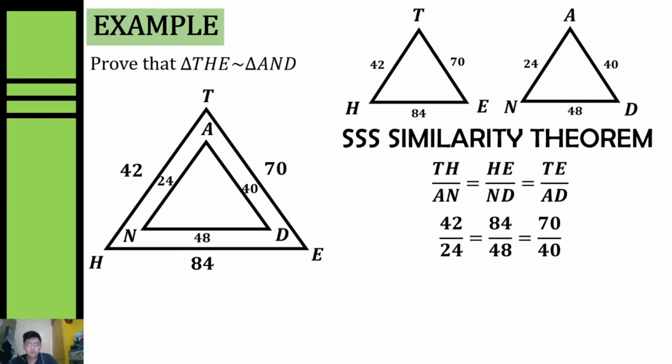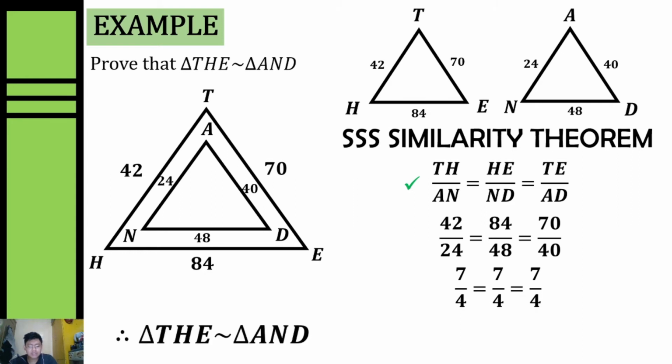We have 42 over 24 is equal to 84 over 48 is equal to 70 over 40. Now let's simplify. We have 7 over 4 is equal to 7 over 4 is equal to 7 over 4. So they are proportional to each other. Knowing that our corresponding sides are proportional, we can conclude that triangle THE is similar to triangle AND.